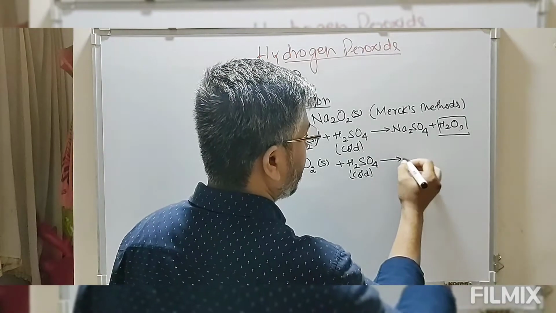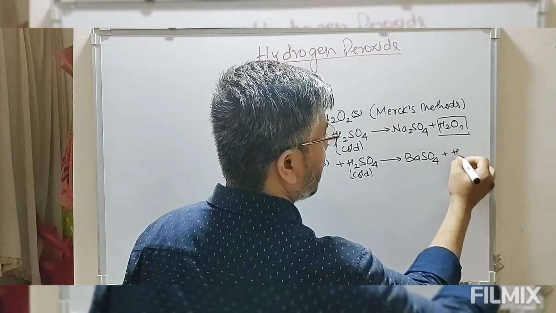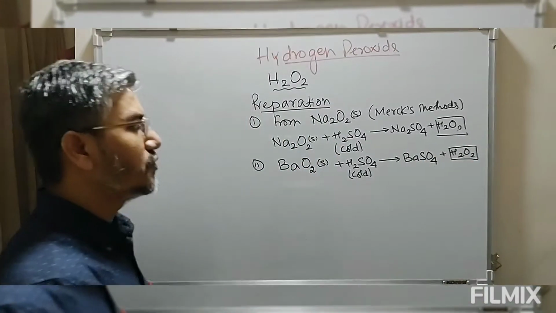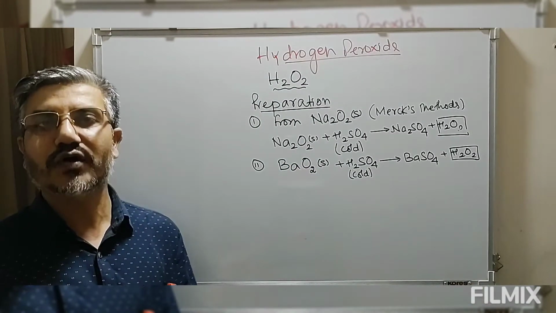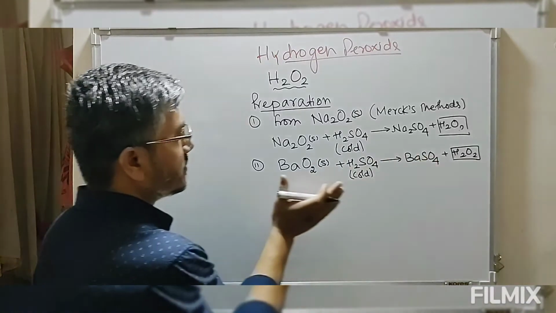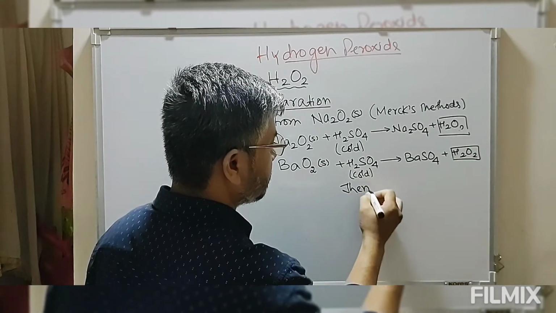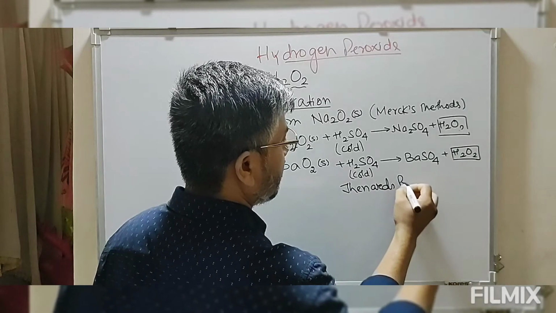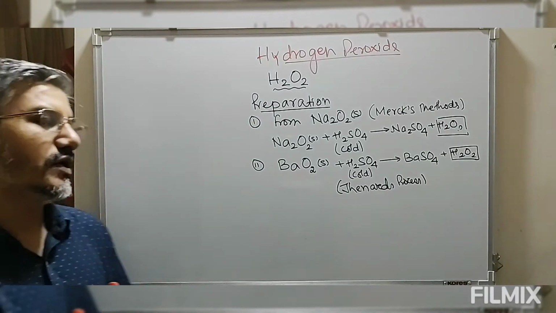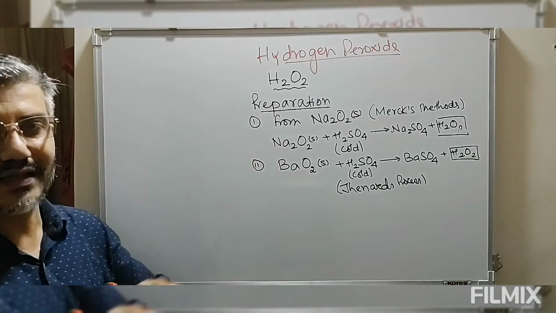Barium sulfate, an insoluble precipitate, is obtained, plus hydrogen peroxide liquid, which is further distilled to obtain pure hydrogen peroxide. This preparation of hydrogen peroxide from barium peroxide is known as Thénard's process. So simply saying, we can obtain hydrogen peroxide by acidification of metal peroxide.